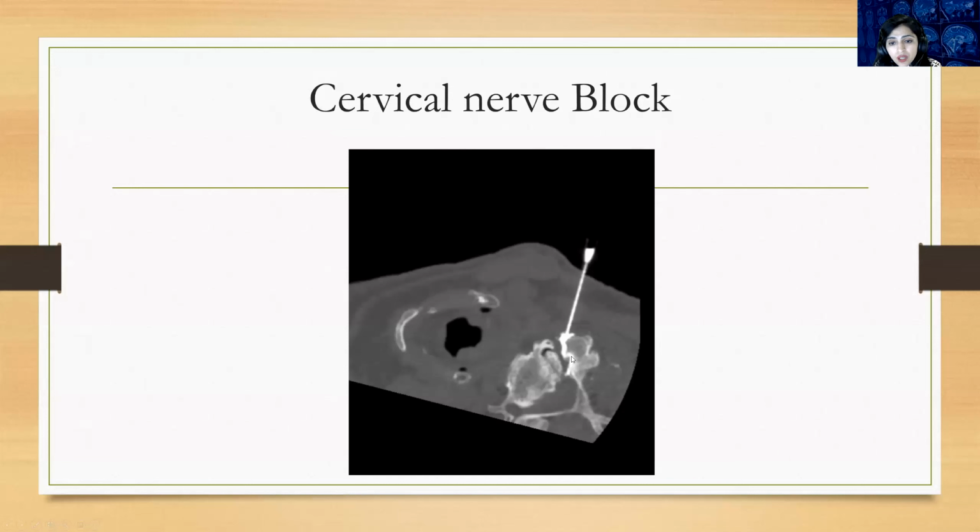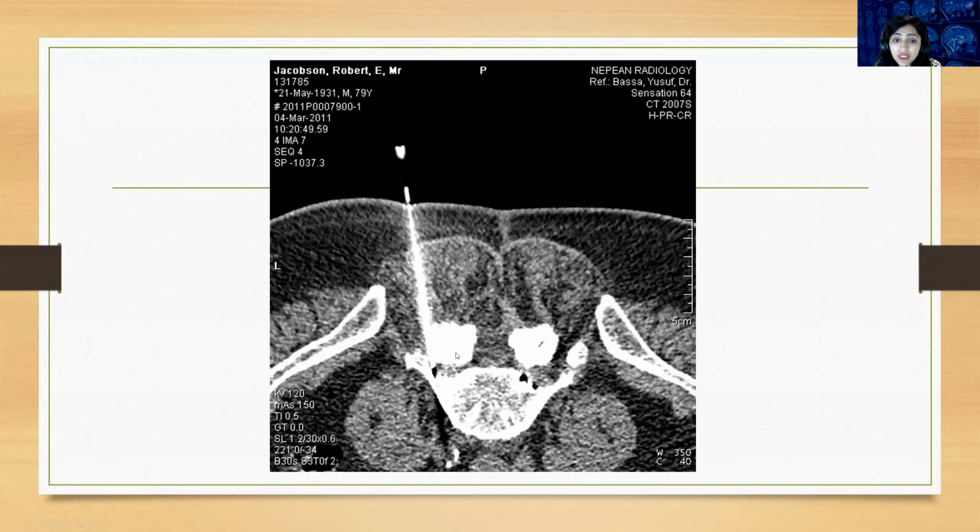Then cervical nerve block, another patient. This is the lumbar nerve block. Lumbar nerve block, again, is relatively easier than cervical nerve block, because usually the straight passage or oblique passage is okay, and we usually do not give contrast for lumbar nerve injections, because once you are in the neural foramina, you are in the position, and we are sure that there is no vessel in the neural foramina, so that's why we do not use the CT contrast.